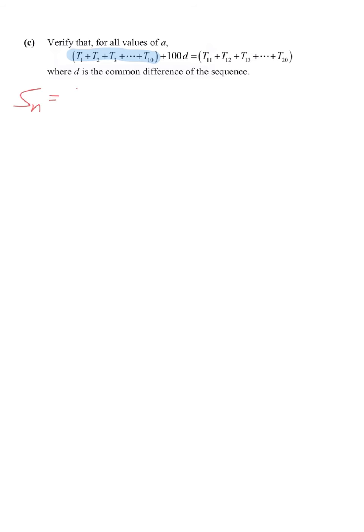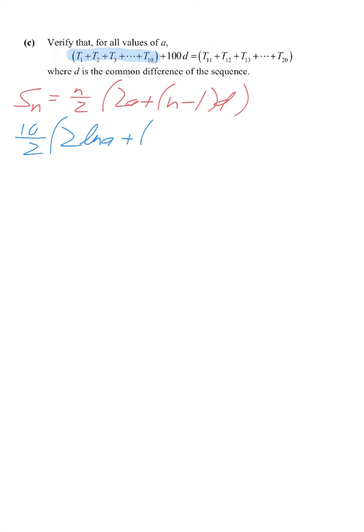Sum of n is equal to n over 2 times 2a plus n minus 1 times d. So for the first 10 terms, we'll have 10 over 2, times 2 times the first term, which was ln a, plus n minus 1, so that's 10 minus 1 times the difference, which is ln a.